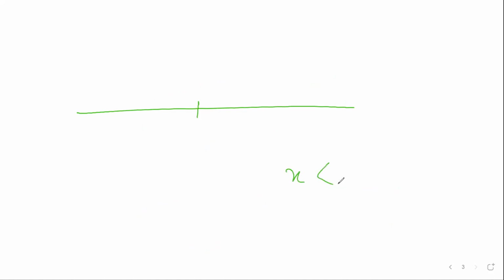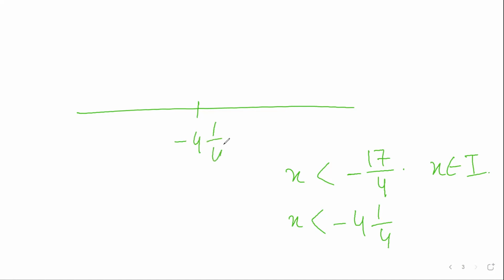Let us take another example. x is less than minus 17 by 4, and x belongs to integer. How should I solve this? We have to first turn the fraction into a mixed fraction. What will be the mixed fraction? Minus 4 1 by 4 lies here. What is this side and what is this side?